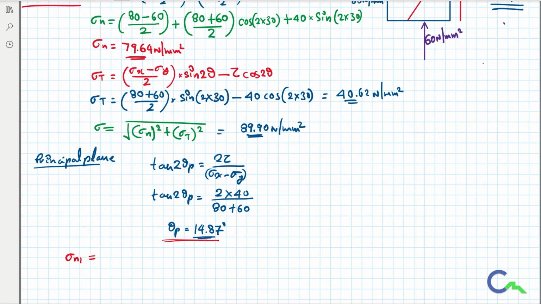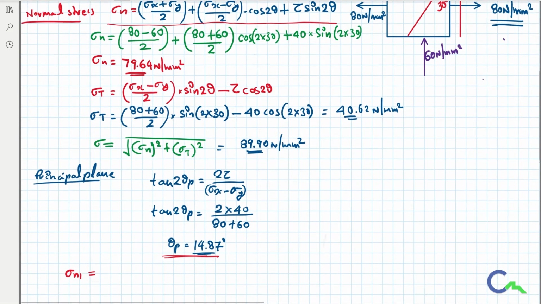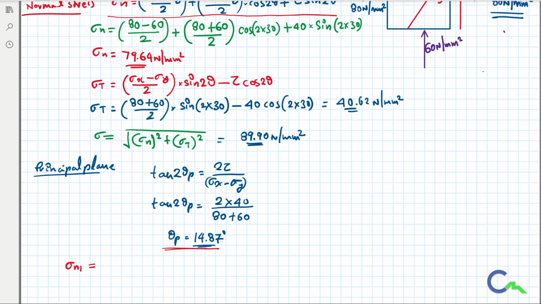14.87 degree. So sigma n1, again the formula will be the same, that is (sigma x plus sigma y) divided by 2 plus (sigma x minus sigma y) divided by 2 into cos 2 theta plus tau sin 2 theta. But here the angle is 14.87 for the first principal plane stress.